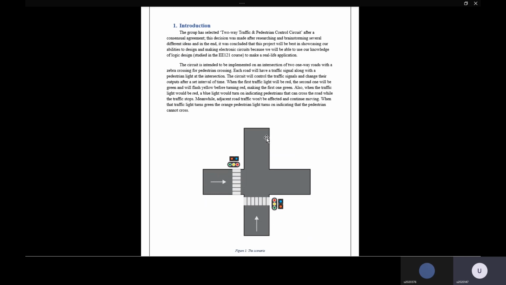So our circuit is basically intended to be used for two one-way intersecting roads. As you can see in the diagram here, when the horizontal road's traffic light is green, which denotes that the vehicles can cross the intersection, the vertical road's traffic light will be red.